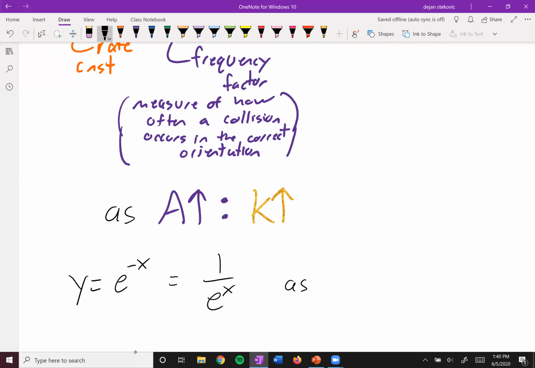So as x increases, y actually decreases. As this number down here gets bigger and bigger and bigger, y gets smaller and smaller and smaller. Think about 1/2 is bigger than 1/4, which is bigger than 1/1,000,000th.